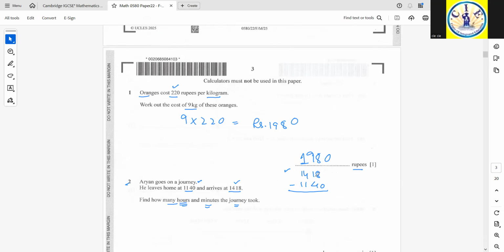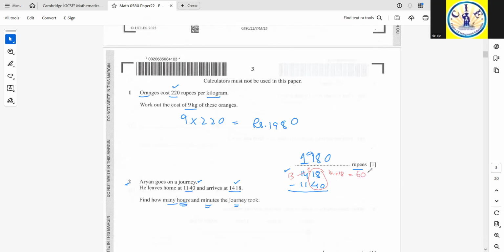So if you see, this is the minutes time and we need to subtract 40 from 18. So when we are going to do it, I'm going to give 1 carry to this. And since we know that this is minutes and there are 60 minutes in 1 hour, actually it means 1 hour plus 18 minutes.